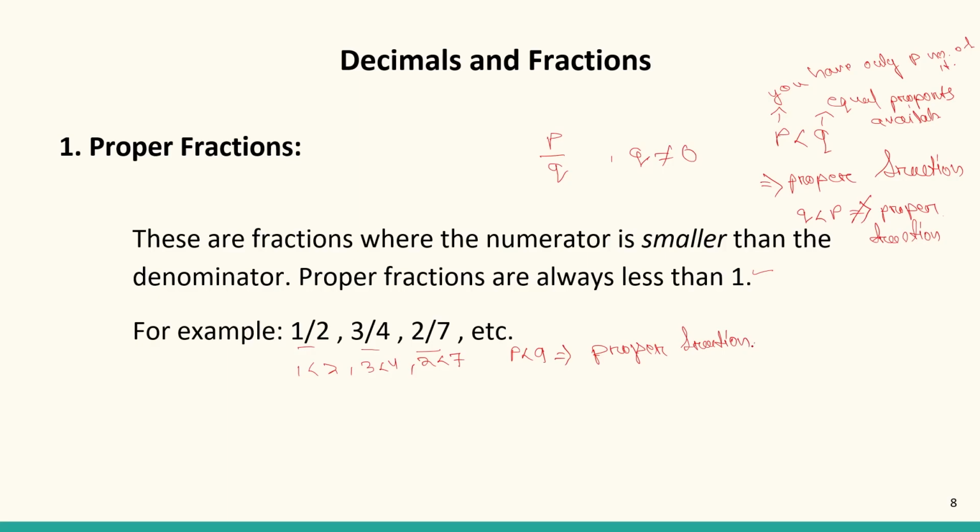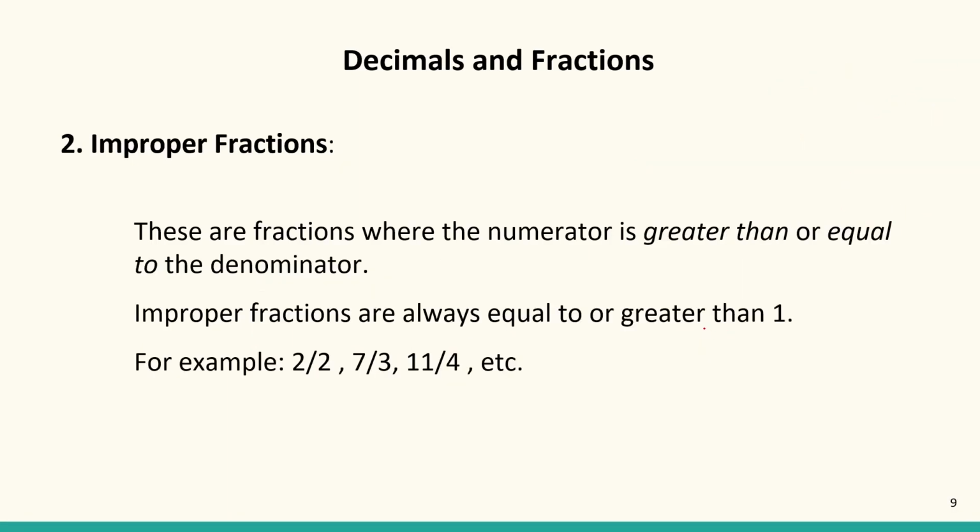So let's see what an improper fraction is. These are fractions where the numerator is greater than or equal to the denominator. Either it is greater than or equal to.